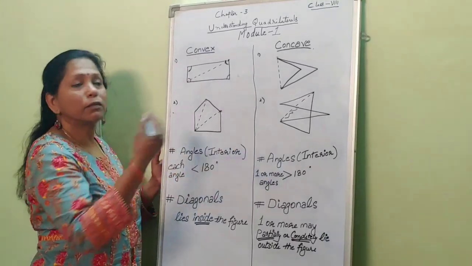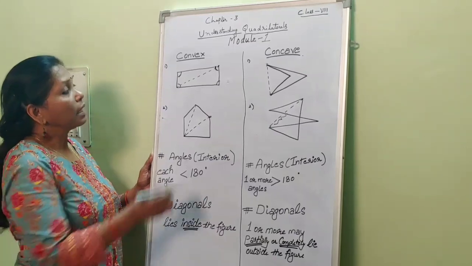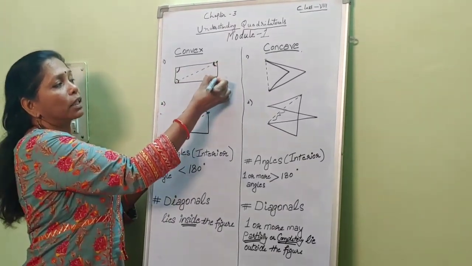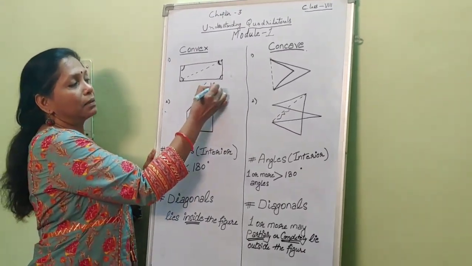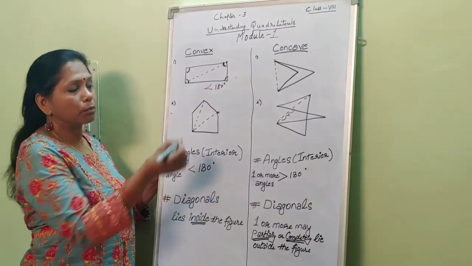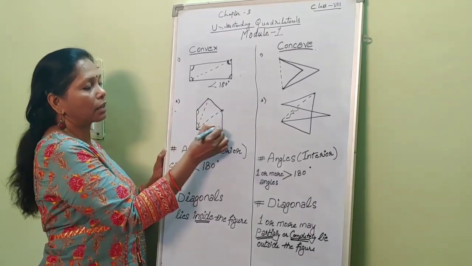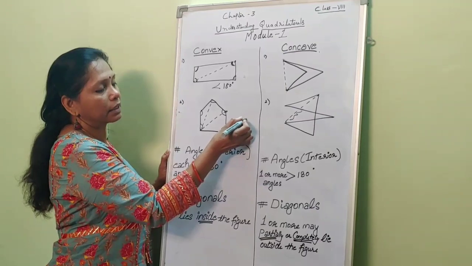Coming to the types of polygons, convex and concave, we can see that each interior angle of the convex polygon is less than 180 degrees. Whether it's a four-sided polygon or a five-sided polygon, each angle is less than 180 degrees.